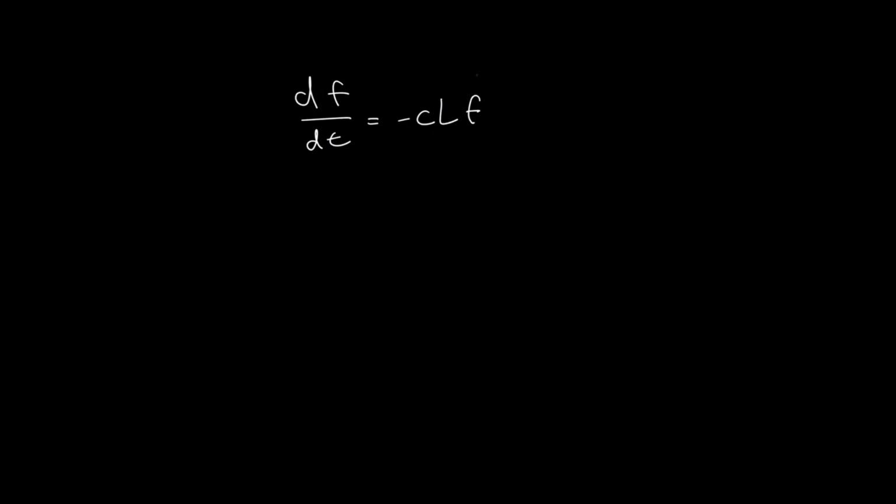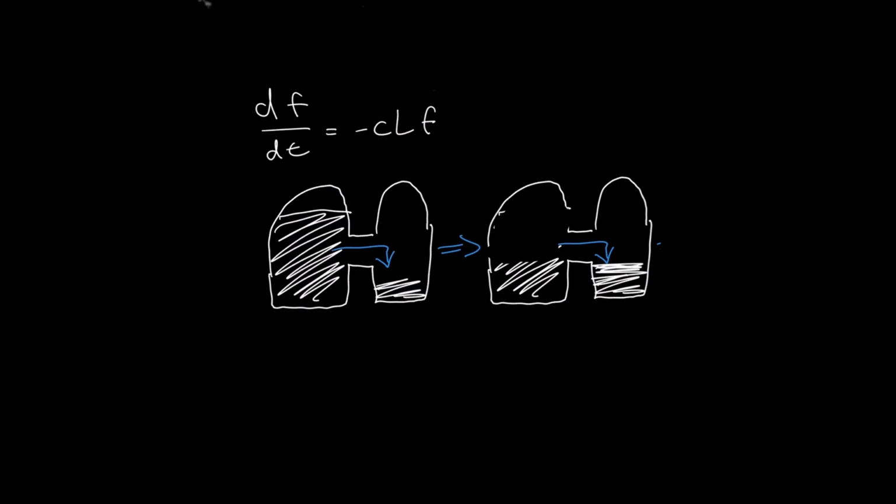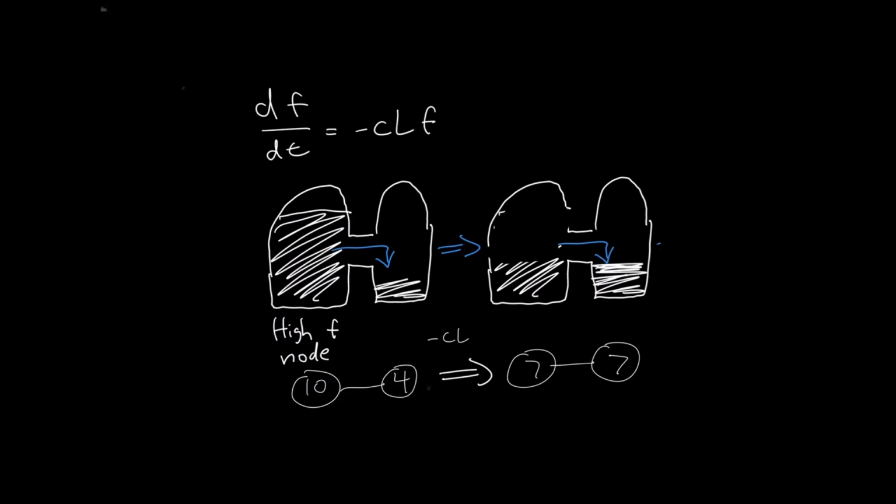We won't have time to derive it, but let's get some intuition on how to interpret it. In diffusion, higher concentrations want to spread to lower concentrations until everything balances out. A high F value means it wants the concentration to go down. So negative cLf describes how it'll change.